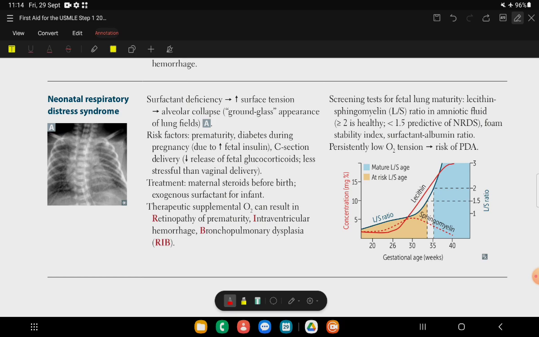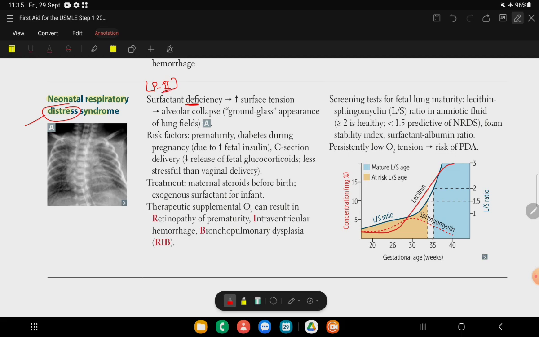So that completely depends on this. Neonatal respiratory distress syndrome: distress itself is when the baby has stress, or is in distress when he or she is trying to ventilate. So basically in this concept, there is a surfactant deficiency, which you can say is pneumocyte type 2 cell deficiency.